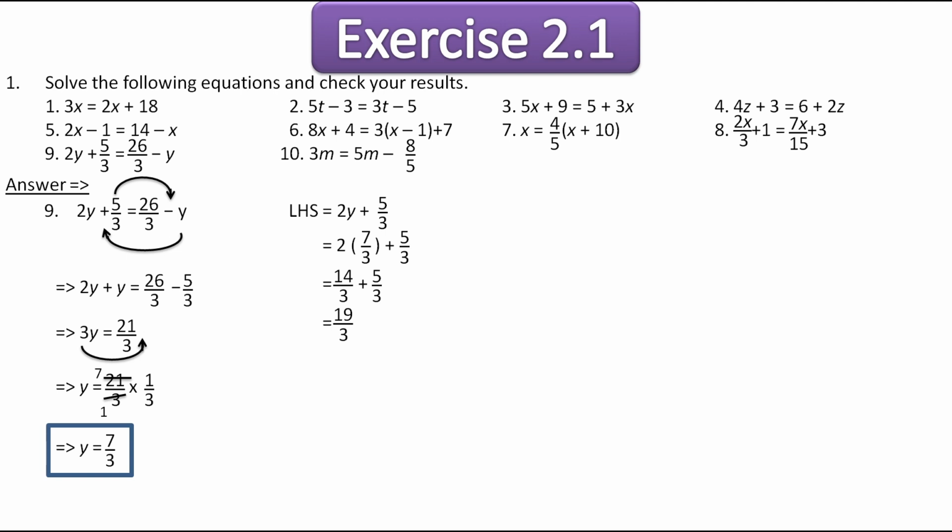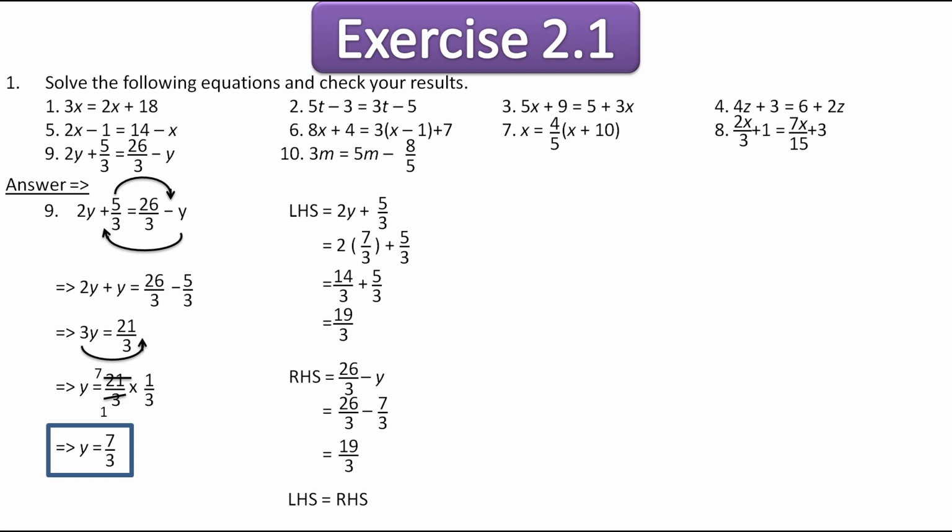Okay, now we will put the value of y in the place of RHS part, that is 26 upon 3 minus y. So 26 upon 3 minus 7 upon 3. Now 26 minus 7 is 19 upon 3. So we got LHS is equal to RHS. That means our solution is correct.